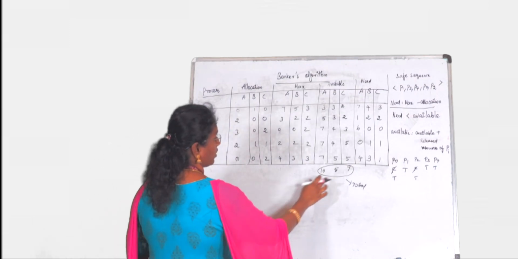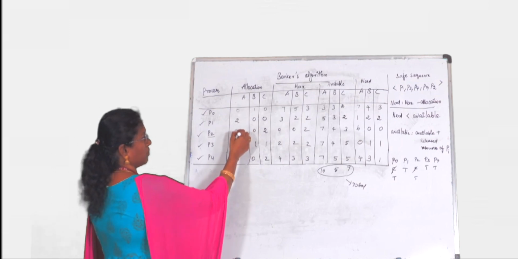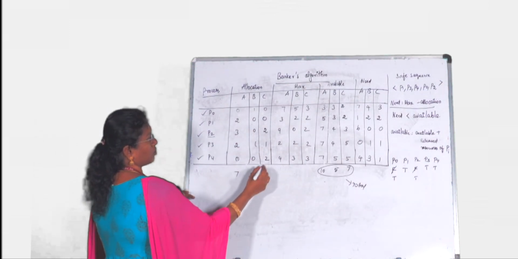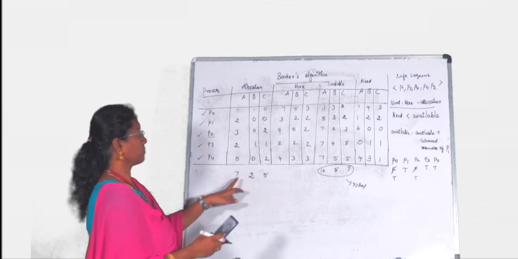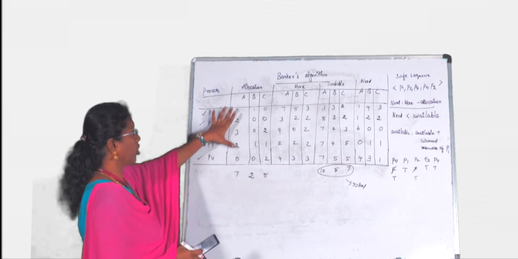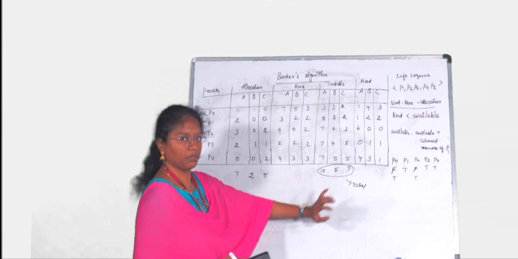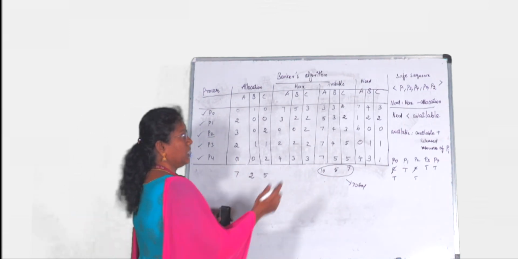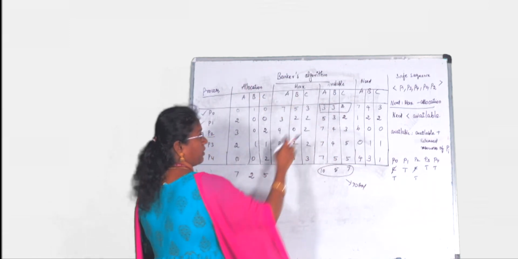This is our total availability of resources. Now you add all these allocated resources: 7, 2, 5. This is the total resources. In some problems, initially we need what is available, which I have given in the starting state.